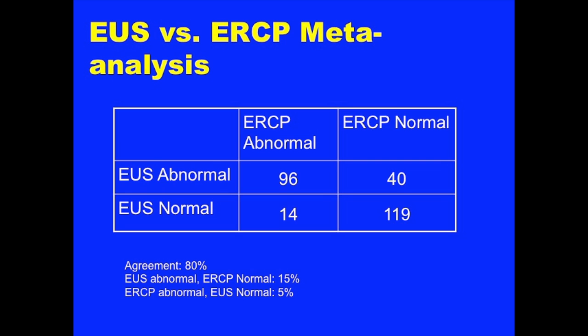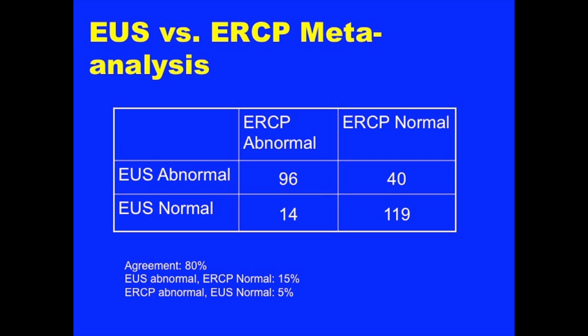Meta-analysis of EUS and ERCP have shown us that, of course, sometimes one is normal and the other one is not, or vice versa, but there is an agreement in about 80% of the cases. If we look at EUS versus function testing, I'm going to just abbreviate that because Dr. Stevens is going to talk about that in just a minute. But for many of the studies, the characteristics come out the same.